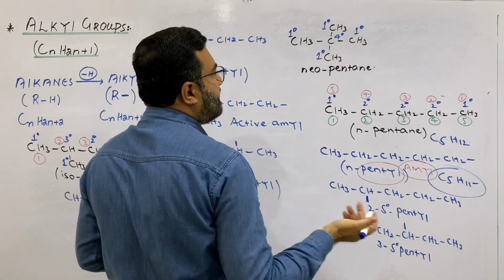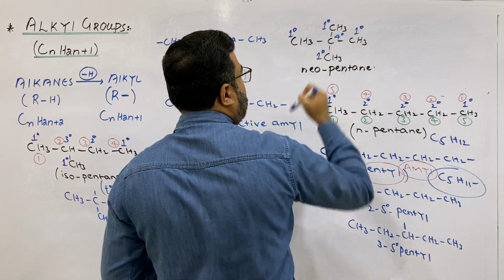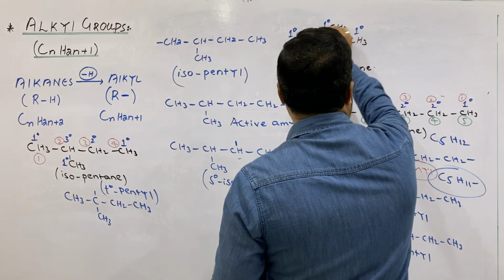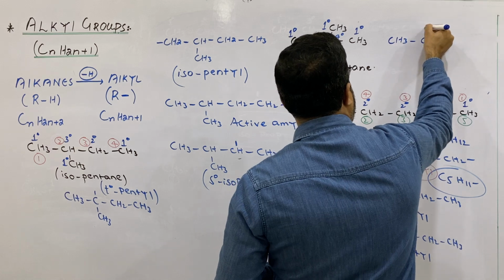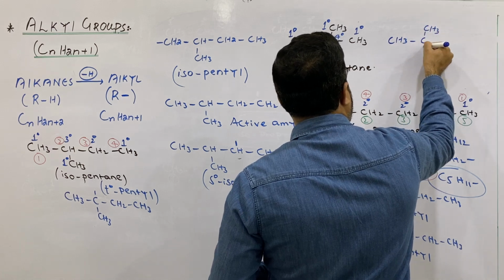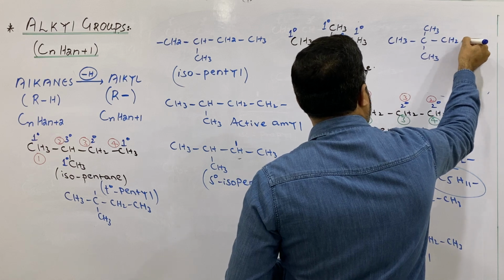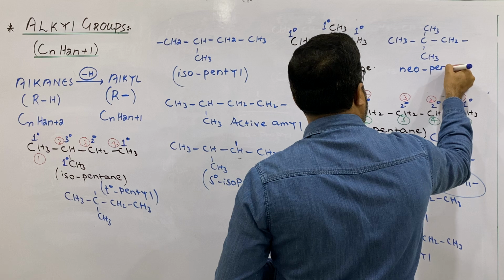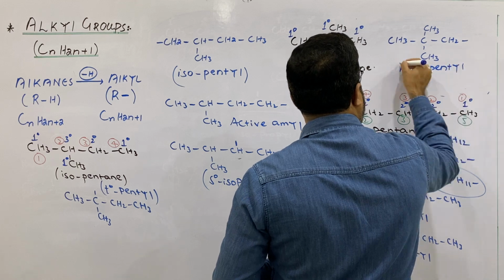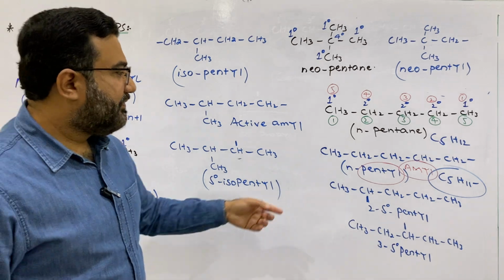The quaternary carbon has no hydrogen, so there cannot be any pentyl group from this carbon. All these other carbons are the same, so remove hydrogen from any one of these. This one will be the neopentyl.